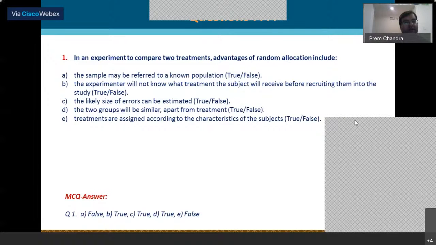C: the likely size of errors can be estimated. D: the two groups will be similar apart from the treatments. E: the treatments are assigned according to the characteristics of the participants. For each option, you need to answer whether it is true or false.